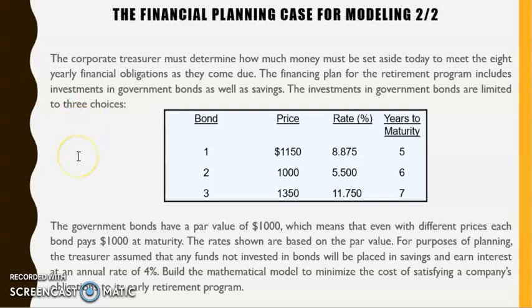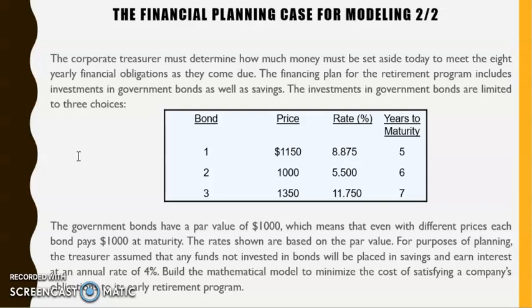The corporate treasurer must determine how much money must be set aside today to meet the 8 yearly financial obligations as they come due. So the financing plan for the retirement program includes investment in government bonds as well as savings.